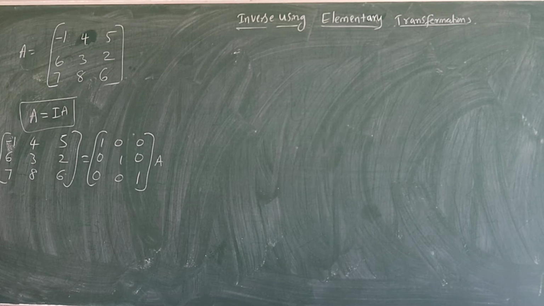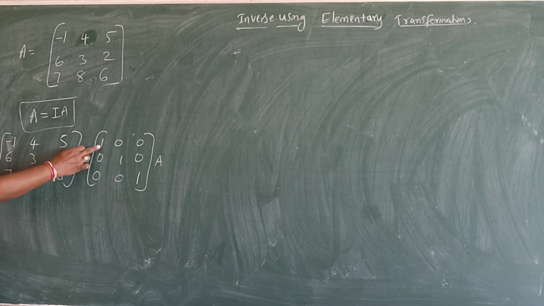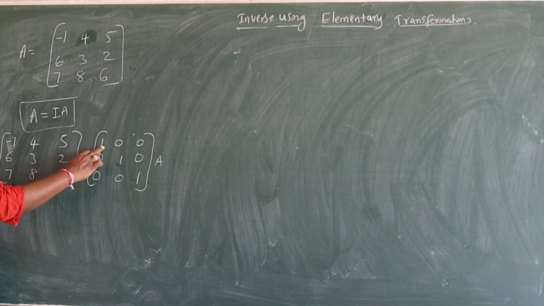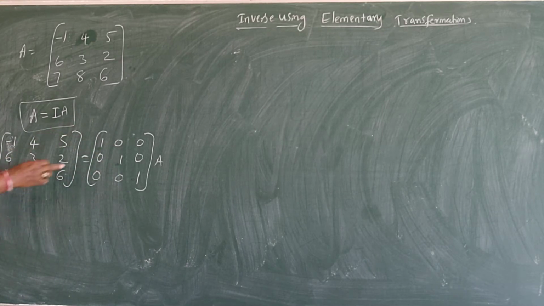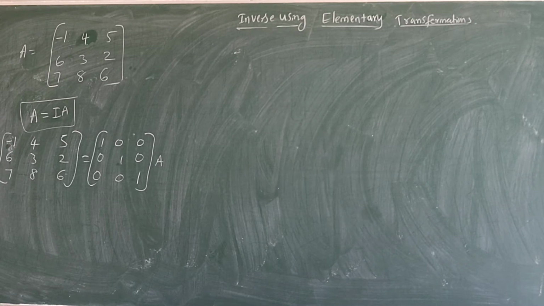Boards, most important for boards. Okay. So now what we will do? Our target is to make 1, 1, 1, 0 like this only. The first target is to make 1 here, but you have minus 1. Suppose you have 2, divide by 2. If you have 3, divide by 3. If you have 5, divide by 5.